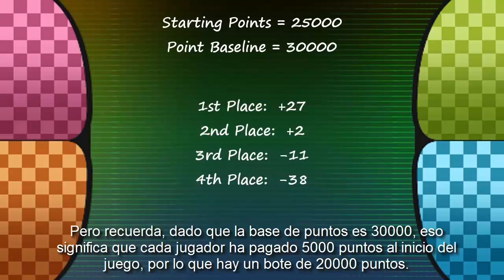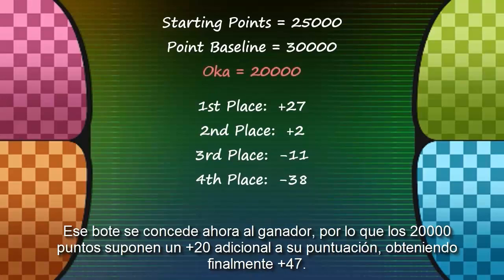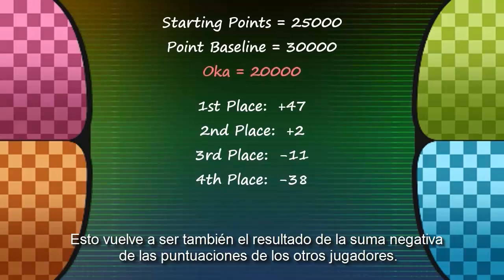But remember, the 30,000 point baseline compared to the 25,000 starting points means all four players paid 5,000 points into the jackpot at the beginning of the game. That jackpot is now awarded to the first place player, and those 20,000 points become an extra +20 for their score, making it +47. This value happens to be the negative sum of the other players' final scores once again.